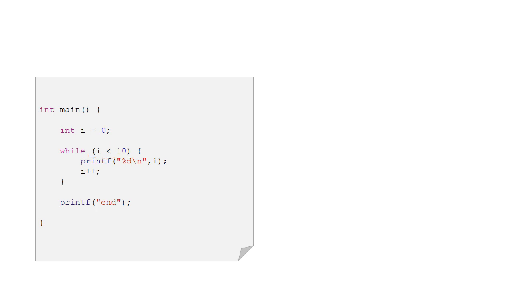If that is true, then the code inside of these braces, obviously the printf statement and this statement, will be executed. Then we'll go back, check this again. If it's true, these will get repeated again, and we'll just keep repeating this code again and again until this is false. And when this statement is false, then we'll skip over these two, and we'll jump to here. We'll print end.